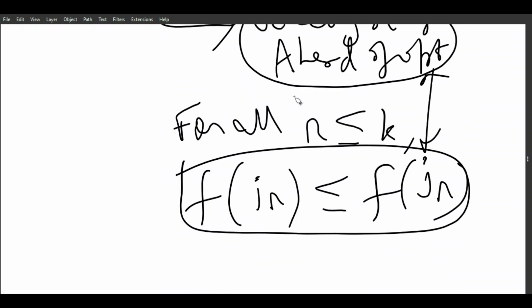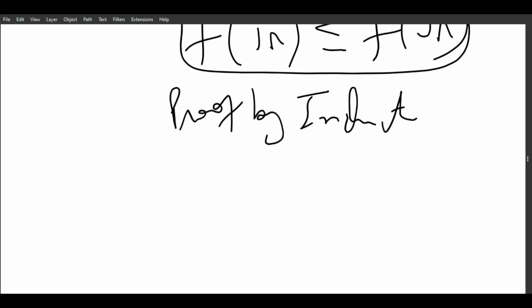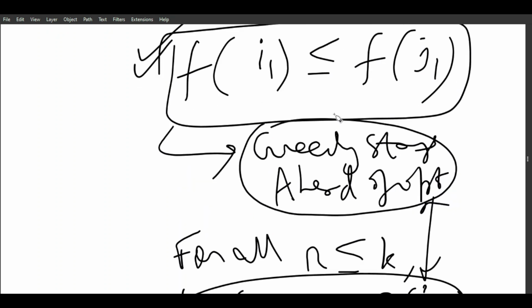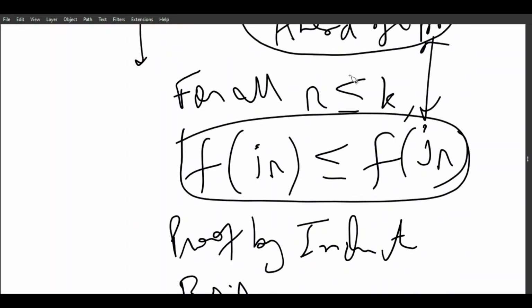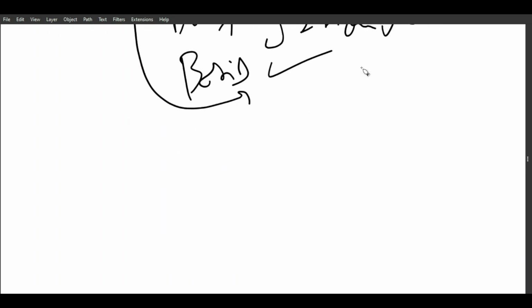Now we'll prove this by induction. The basis is already proved. Let r be greater than 1.